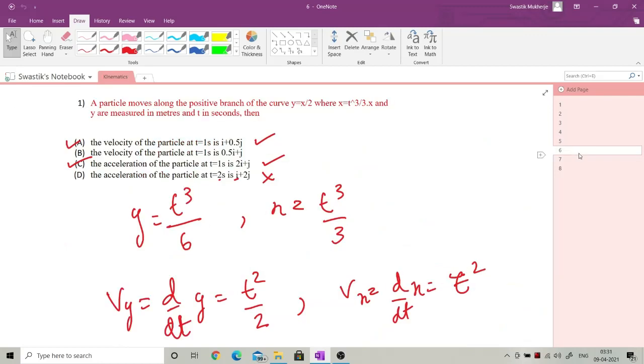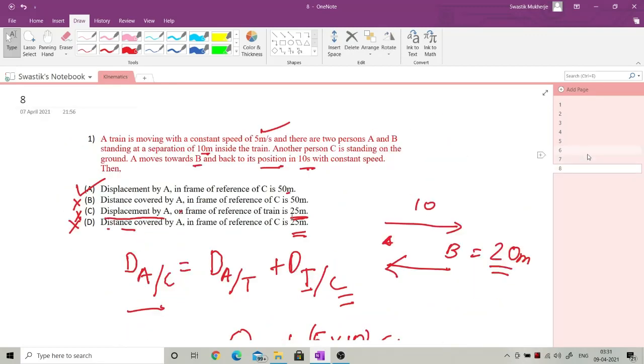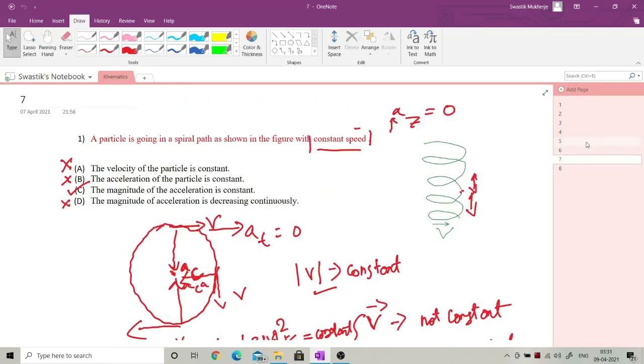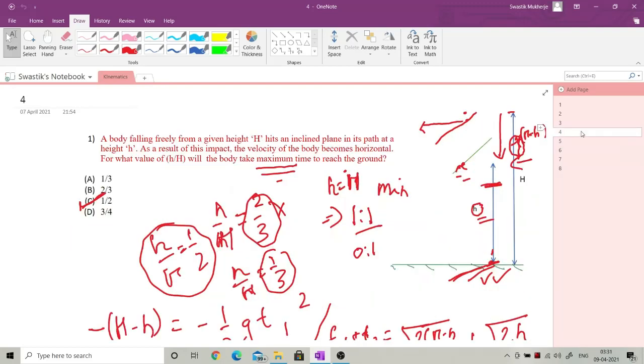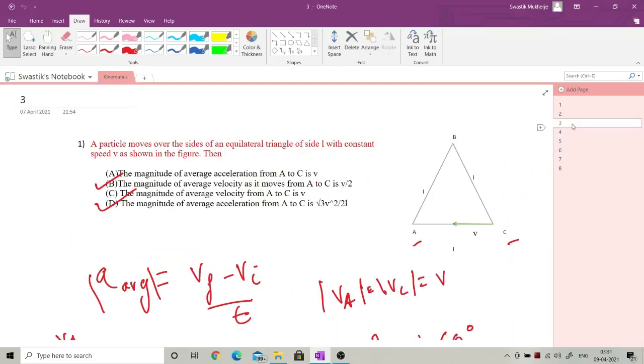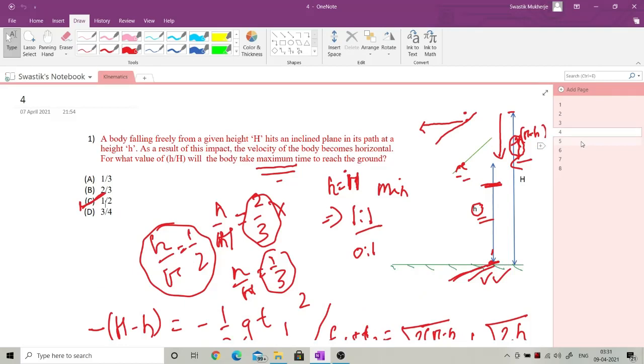This is high time that you should have a skeleton in your mind about your own strengths and weaknesses. We are here to help you, but in the end, it is you who are giving the examination. It is you who should be clear about your own strengths and weaknesses, and you should prepare in that way.